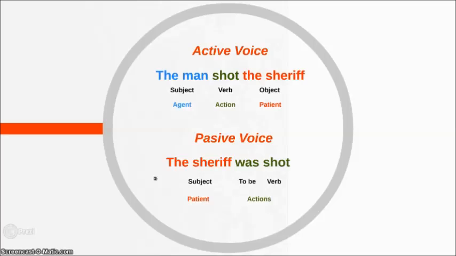So the sheriff is the subject, but as you can see, it is the patient because it's the affected one. When you are making a sentence with the passive voice, you always have to use the verb to be. So the sheriff was shot. And the verb in the active voice has to be in the past participle in the passive voice.